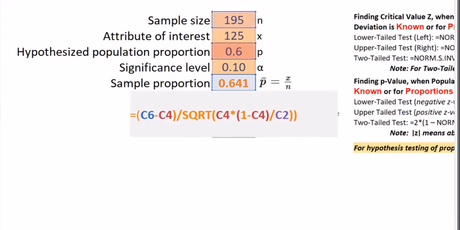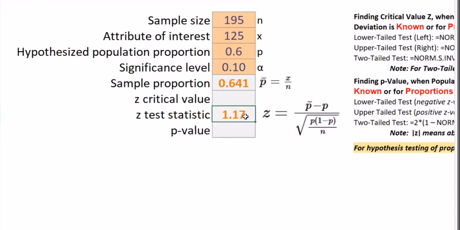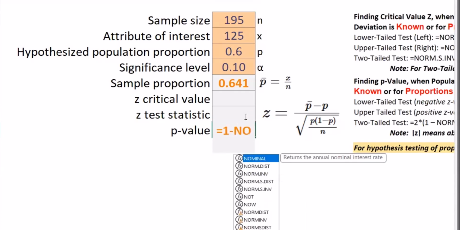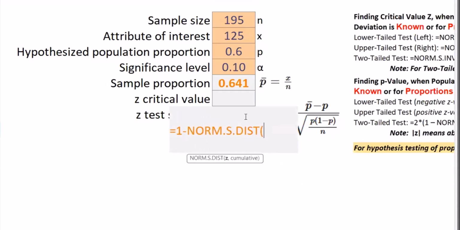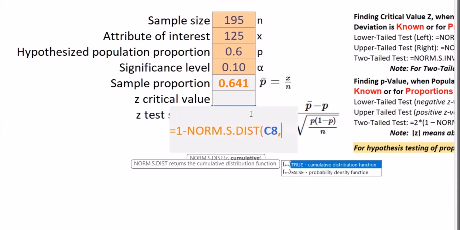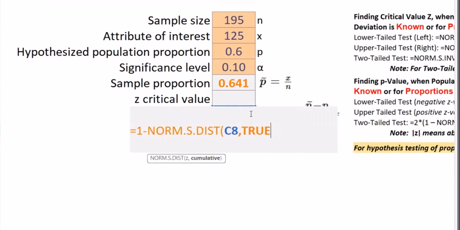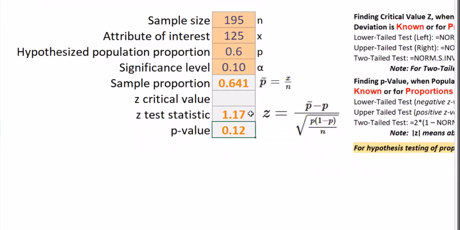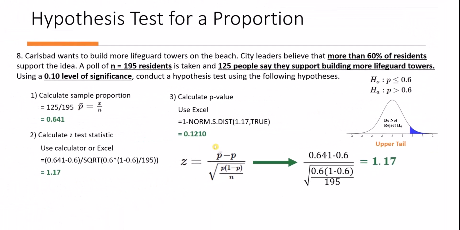This is why I included the formulas on the slide, so that you can cross-reference when you are practicing for the exam. That gives us a Z-test statistic of 1.17, and we're going to calculate our p-value now. It's going to be 1 minus norm.s.dist, our Z-test statistic, and then true for cumulative. And we get 0.12. Let's go back to our slides here.